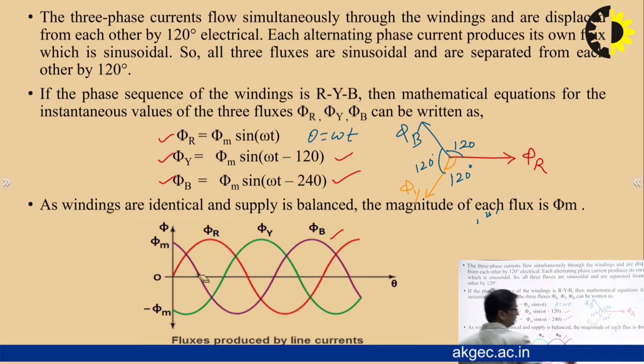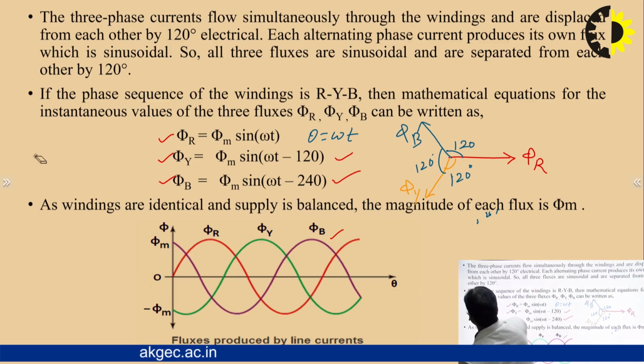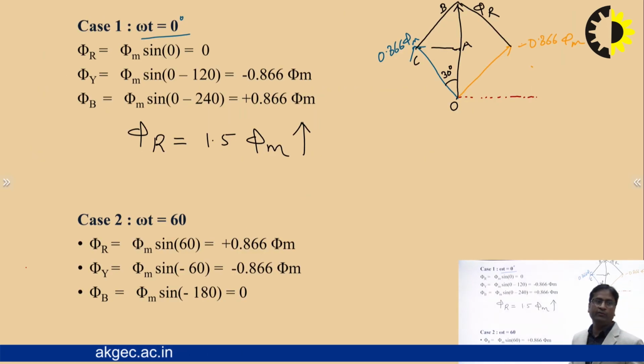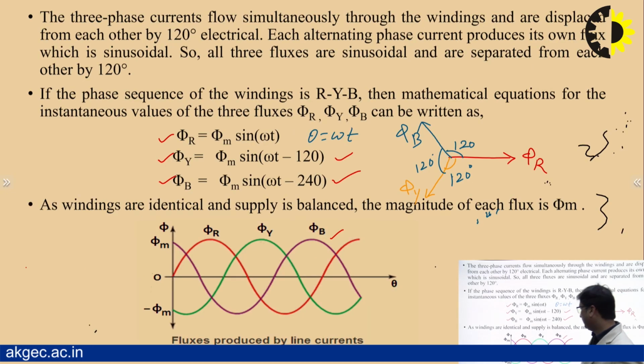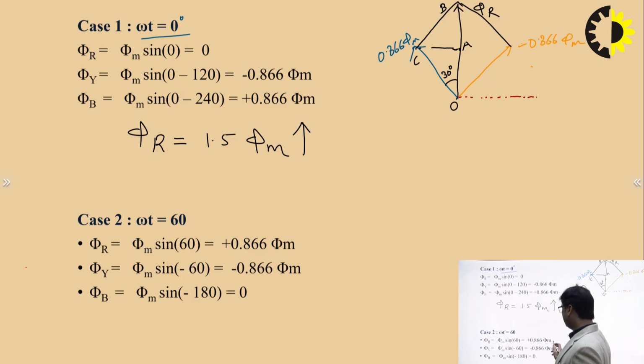At this instant, at which theta is equal to 60 degrees, you can say that the value of flux r is 0.866, that is plus, so phi r.